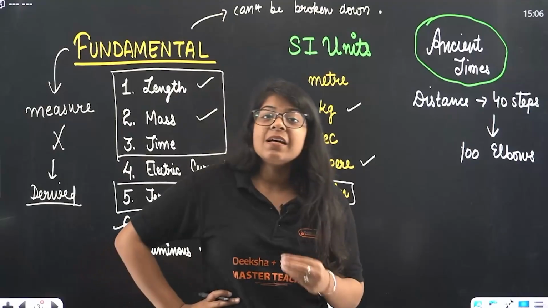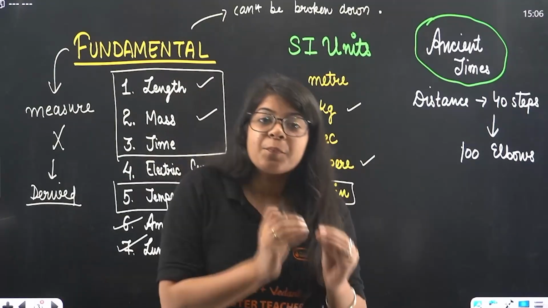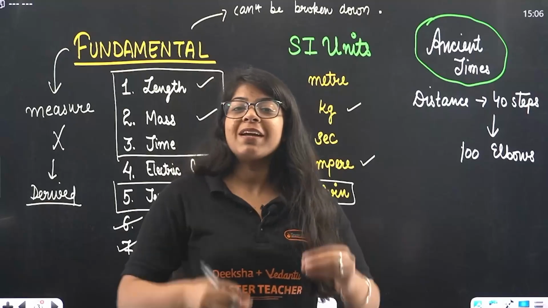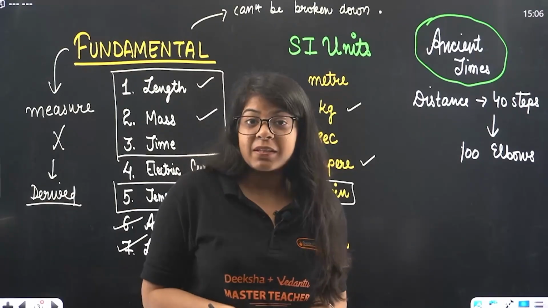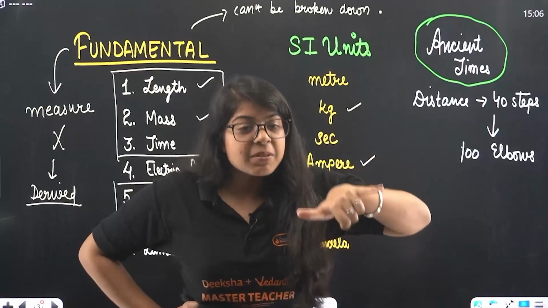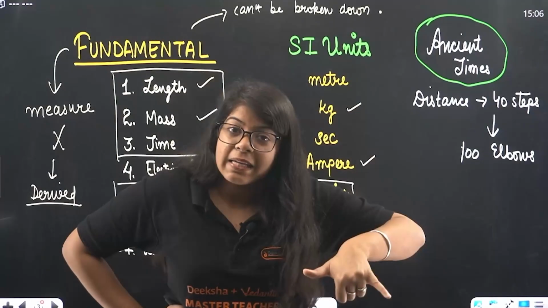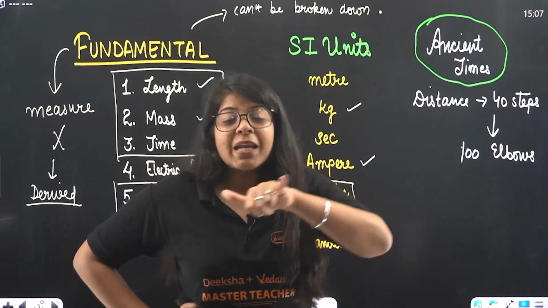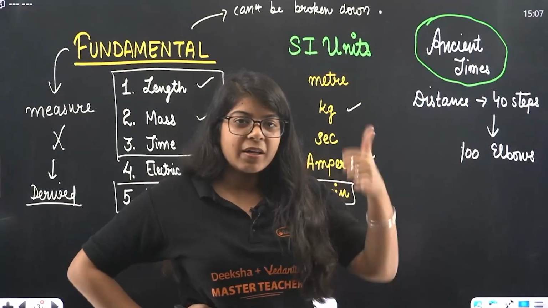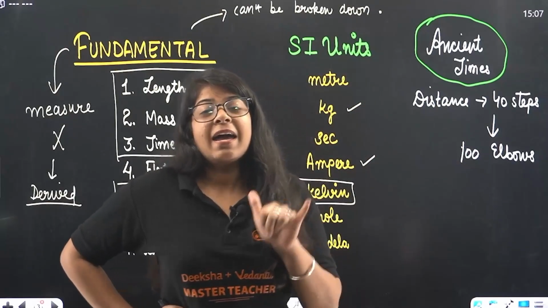That's the reason why we needed standard international units, so that when I say the distance is 5 meters, it will be the same distance, the same length in India, Germany, Spain, UK, USA, anywhere in this world, in the North Pole, in Antarctica, everywhere.